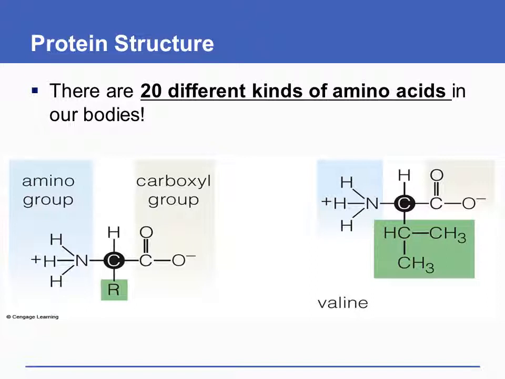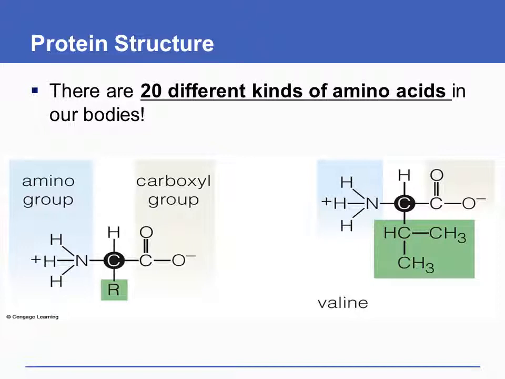Same way, there are 20 different kinds of amino acids. Not every single amino acid is used equally, but some are used more than others. But these are the amino acids that are used to make proteins, and they all have a general structure like the one you see here. There's a carbon in the middle.